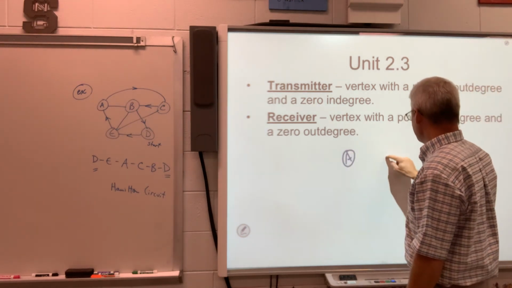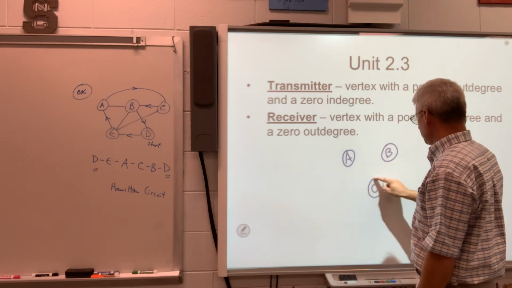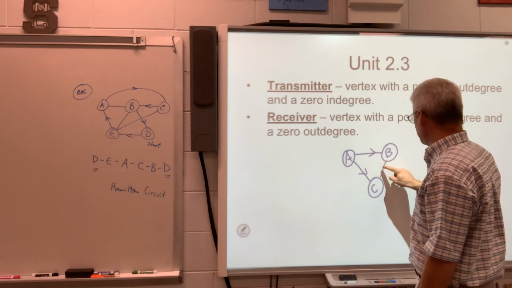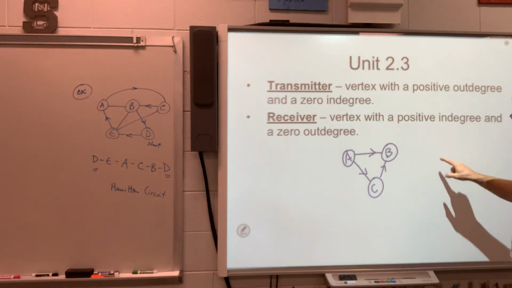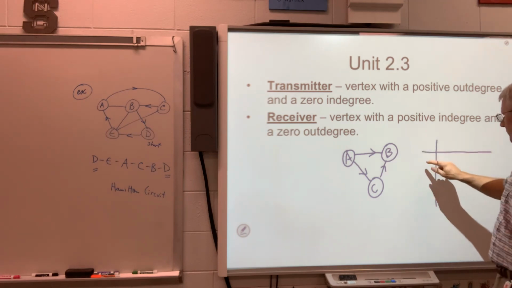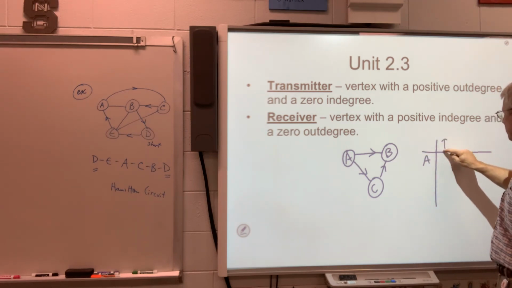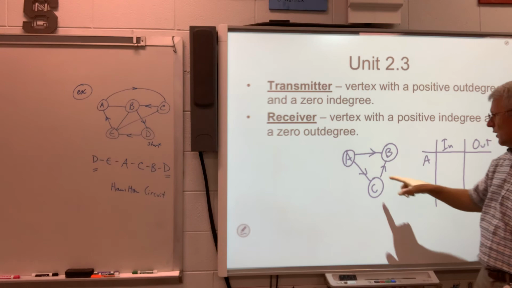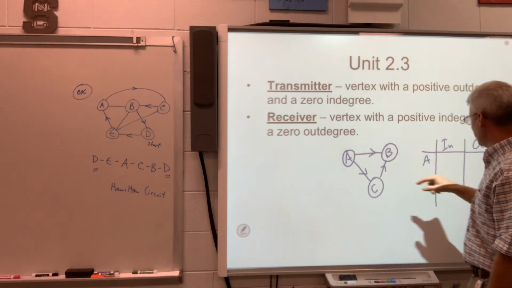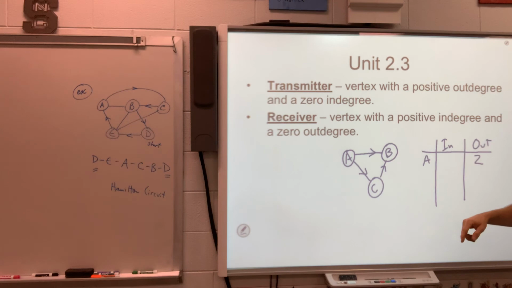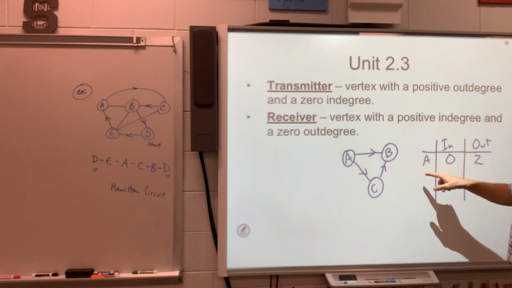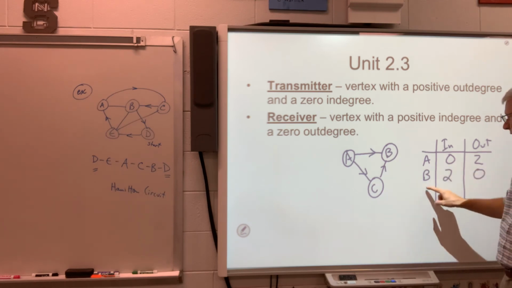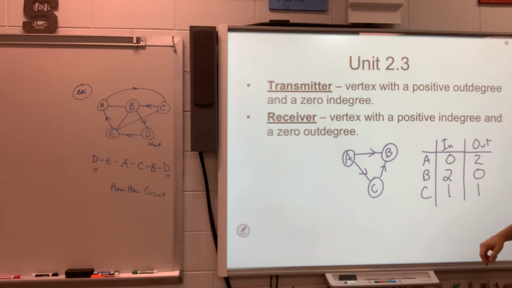If I've got A, B, C, let's say A beats both of them and C beats B. Remember, out is going away, so A has 2 out degrees and 0 in degrees. B has 2 in degrees and 0 out degrees, and C has 1 in and 1 out.